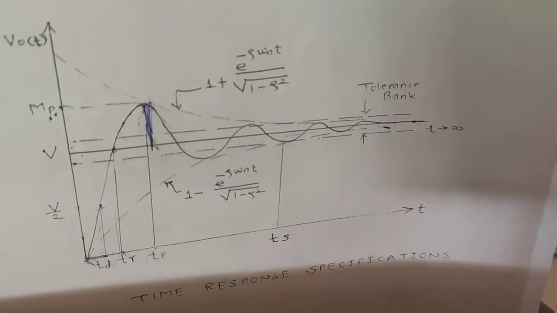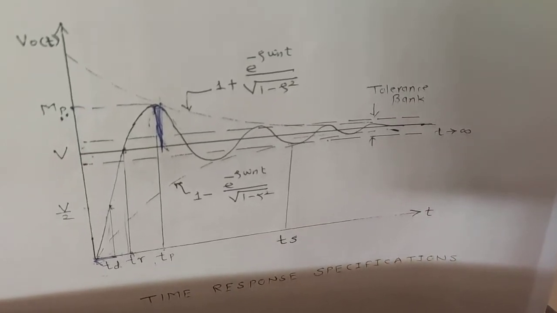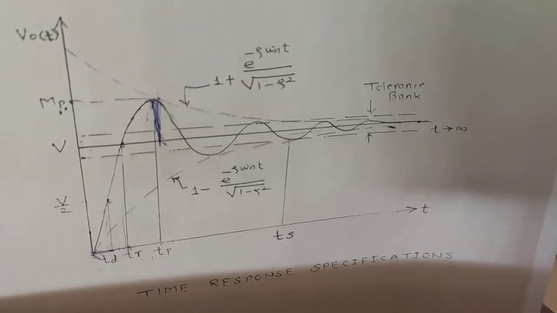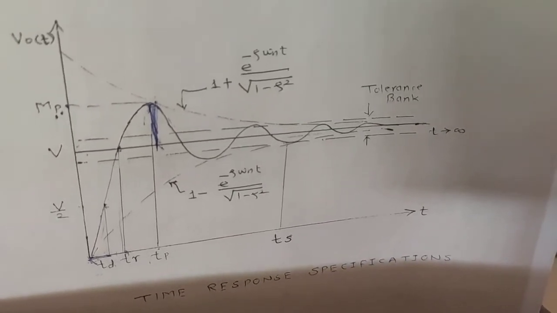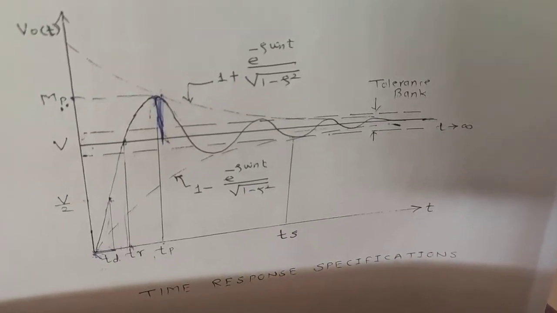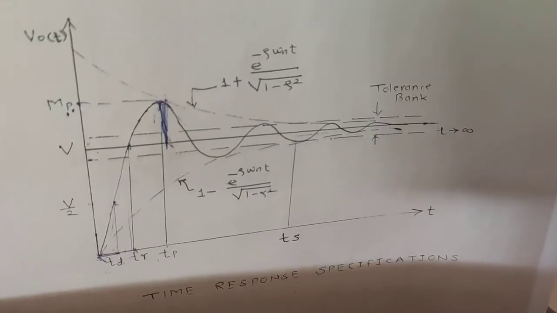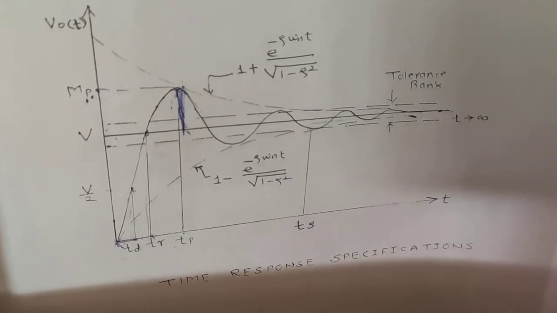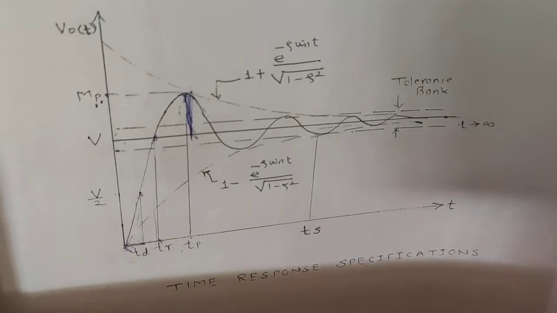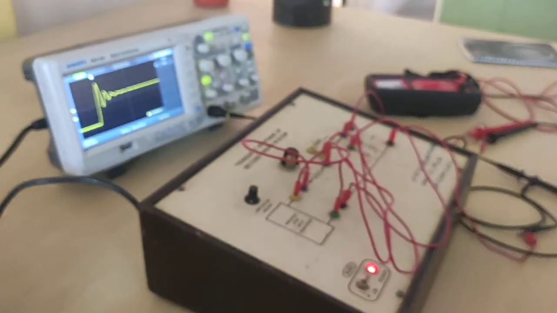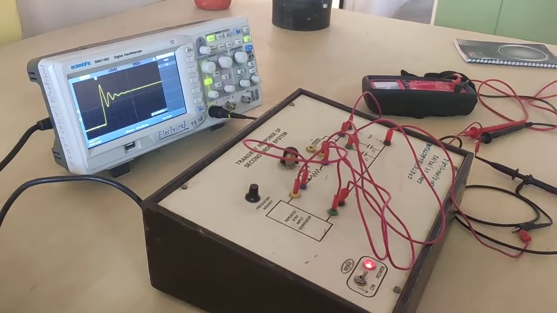So here what we have to do is first find the values of these parameters theoretically. We will provide you the value of resistance R, inductance L, and capacitance C. When these values are provided to you, you are required to find out the damping ratio of the system.